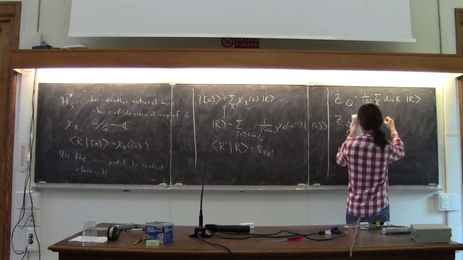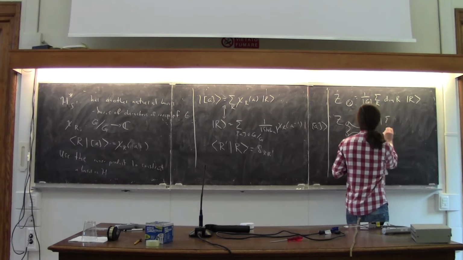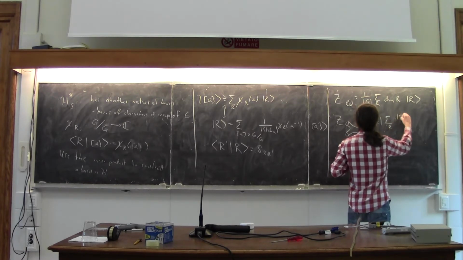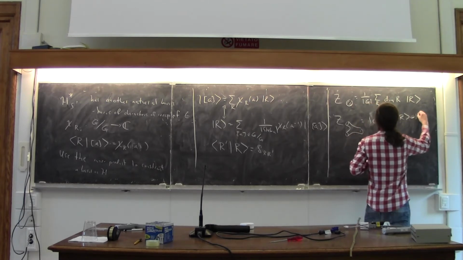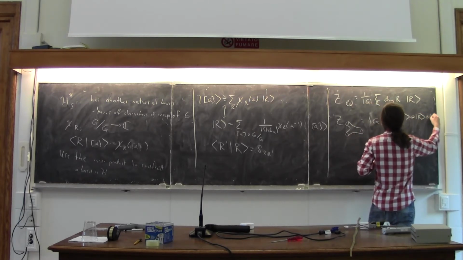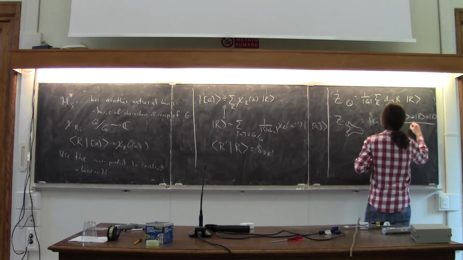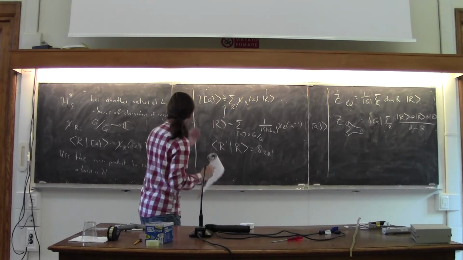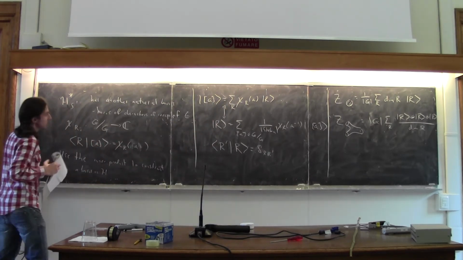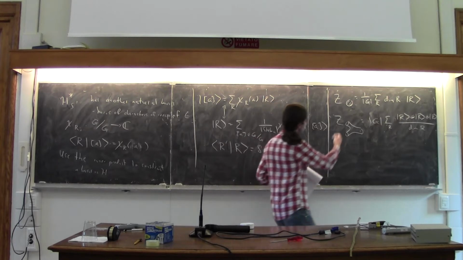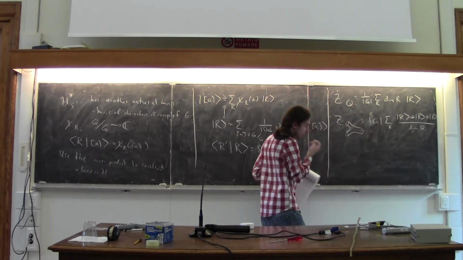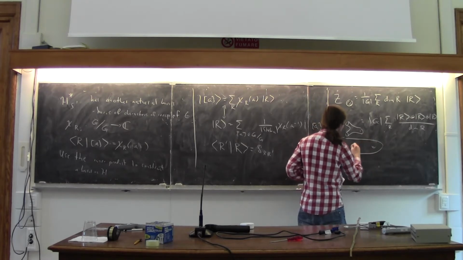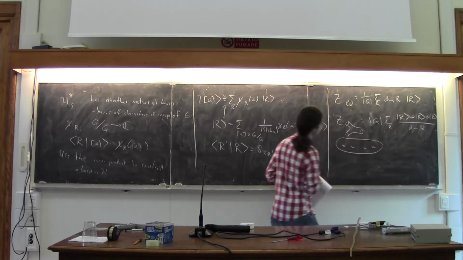So the answer here is a sum over representations. You only have diagonal products with some coefficients. So now, using this data, I can calculate everything. For instance, I can calculate the partition function for a closed surface.